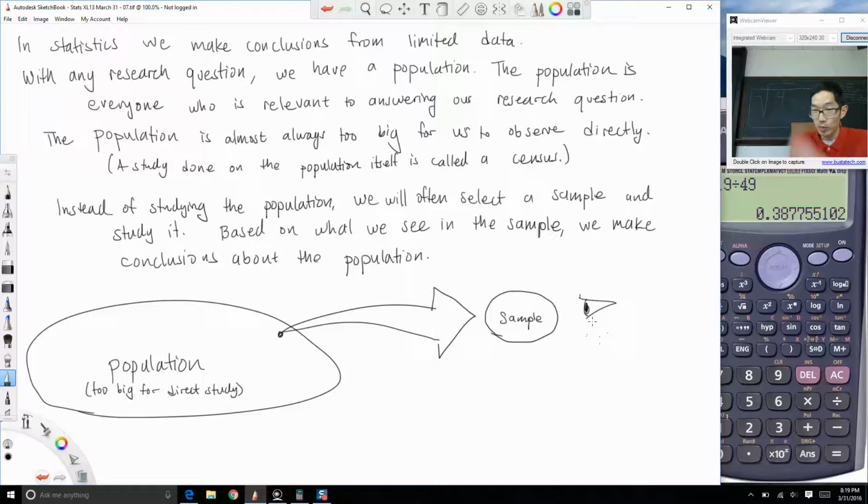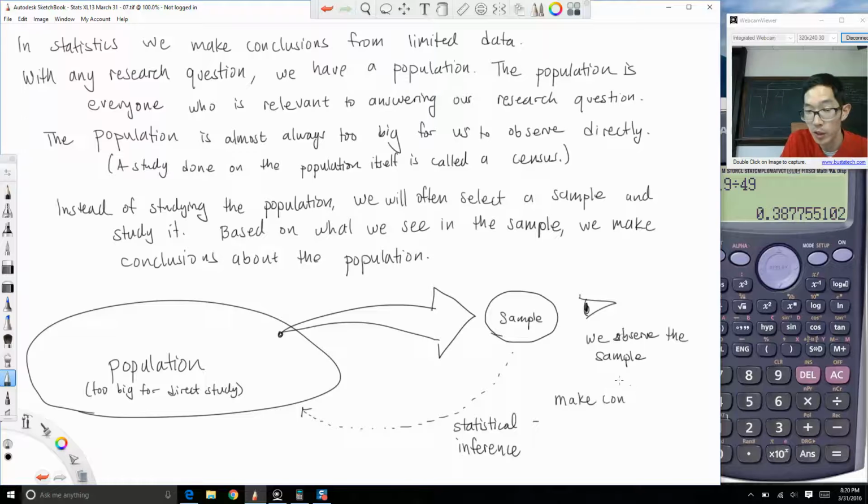All right, so we study and observe our sample. Okay, and based on what we see in the sample, we then do statistical inference, which is all about making conclusions about the population based on what we see in the sample.